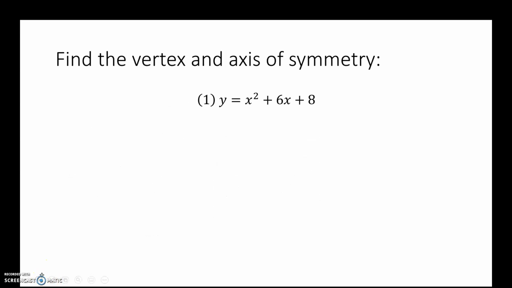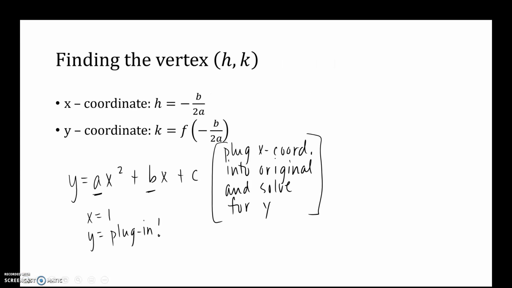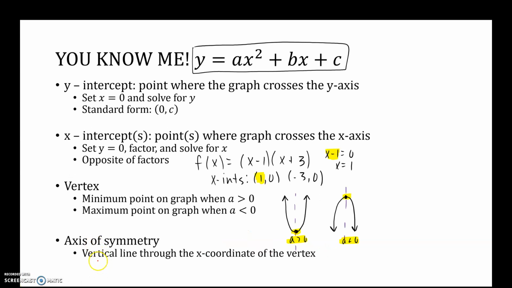So find the vertex and the axis of symmetry. Now let me go back to my notes here. The axis of symmetry is the vertical line through the x-coordinate of the vertex.